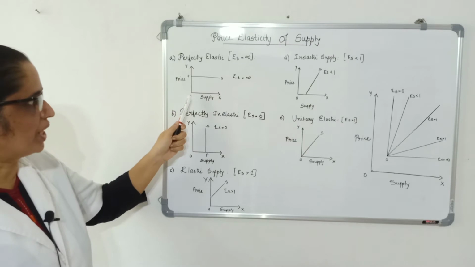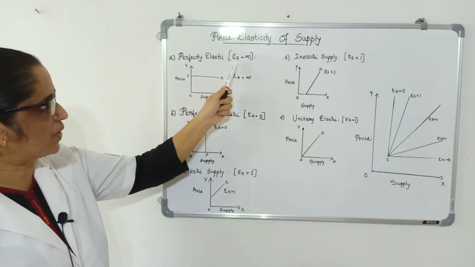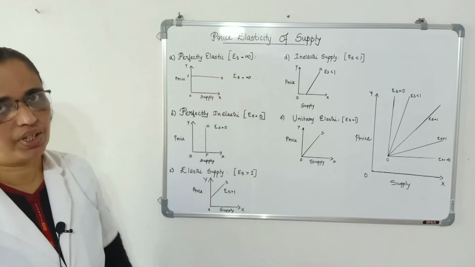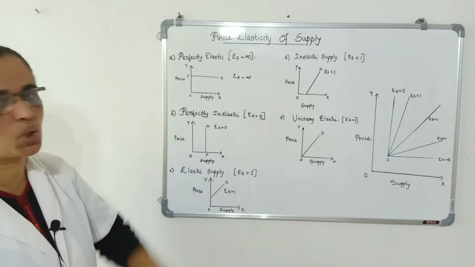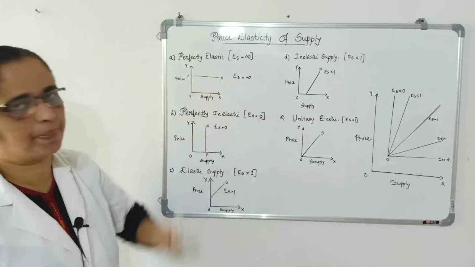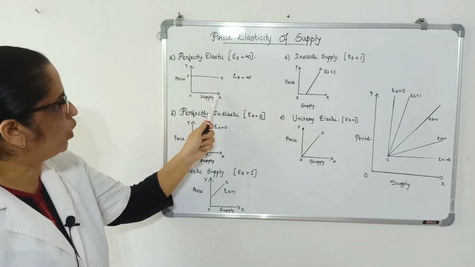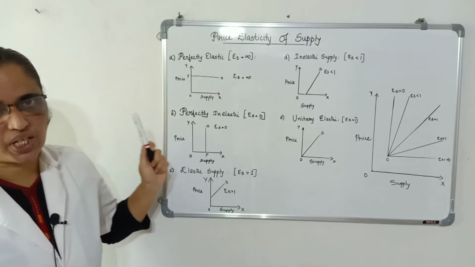So, what is the shape of the supply curve? If the elasticity of supply is infinity, or supply is infinite at the prevailing price, the supply curve is a horizontal line parallel to the OX axis. Okay? How can you say?